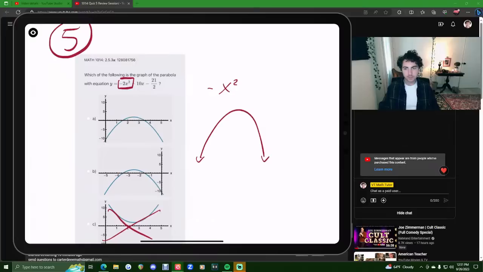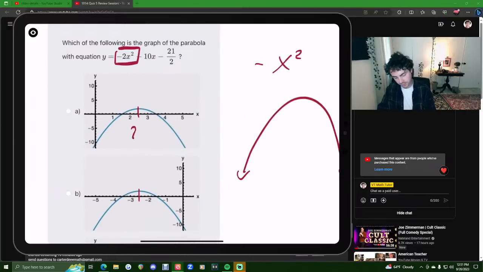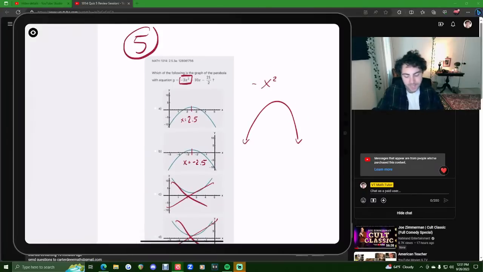What's the difference between A and B? The vertex for each of these graphs is at a different location. This one's at about x equals 2.5, and the vertex for graph B is at about x equals negative 2.5. So how do we find the x value of the vertex?